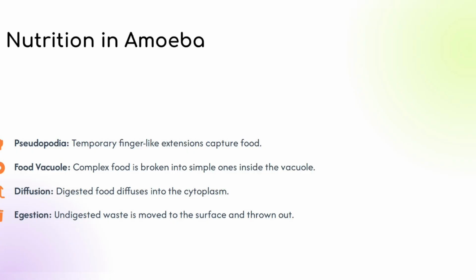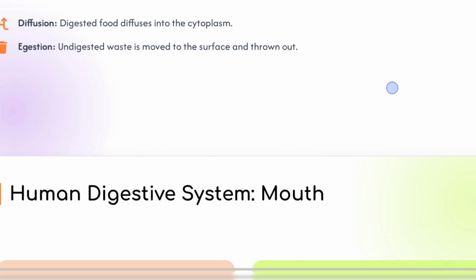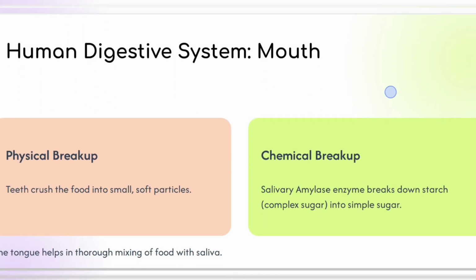In diffusion, digested food diffuses into the cytoplasm, and undigested waste is removed to the surface and thrown out. This process is called egestion. Now we start studying human digestion.